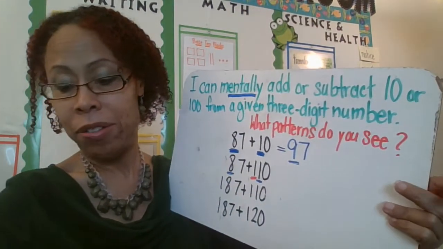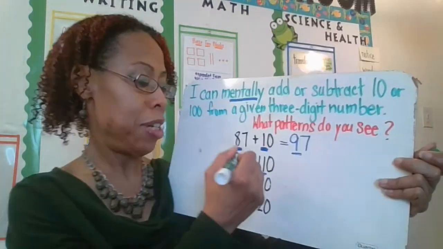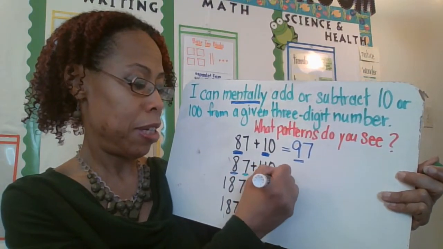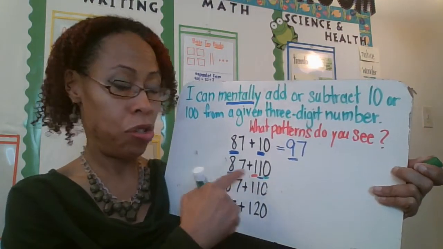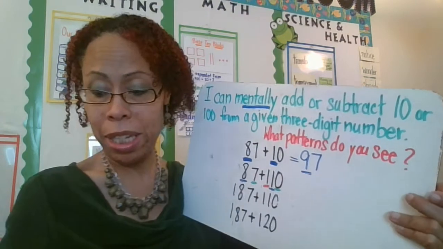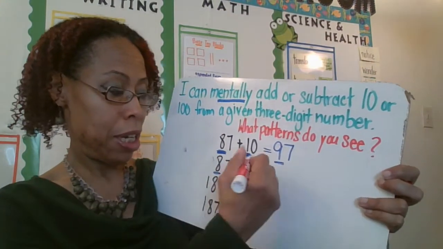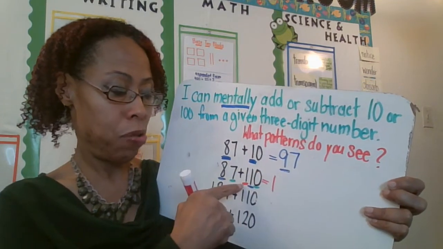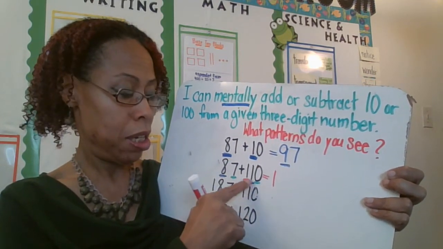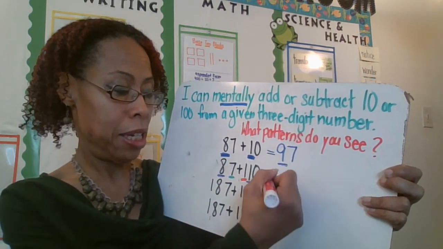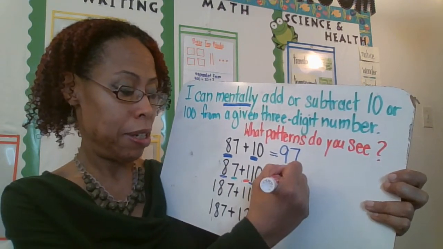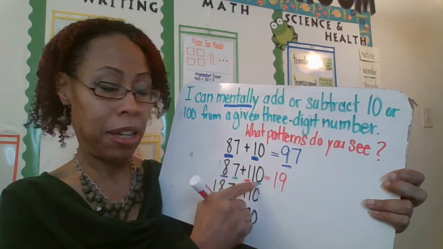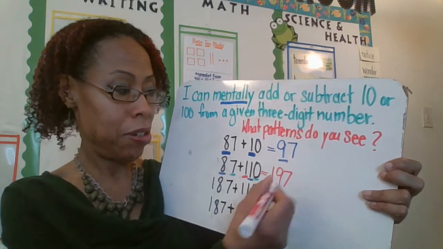Let's go ahead and underline the ones place as well, so that it's not left out. There's no change to the ones place. So with that said, we're going to add 100, and then 10 more to the 80. So that's 90, and the 7 remains. So that's 197.